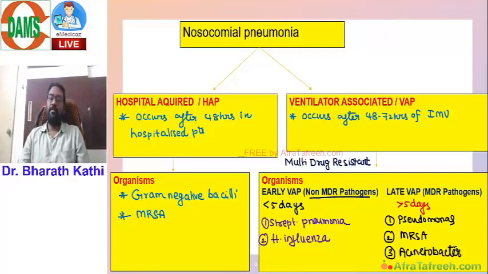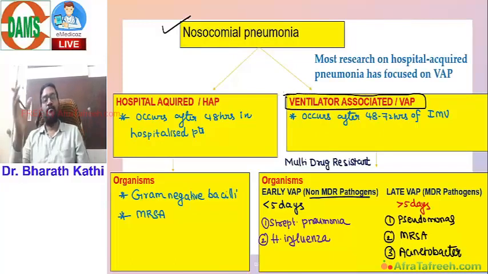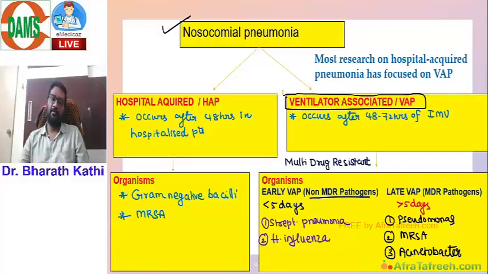Whenever they say nosocomial pneumonia, most probably they will be referring to ventilator-associated pneumonia only. Because if there are 100 studies on pneumonia in the hospitals, 70% were on ventilator-associated pneumonia, which is hot and happening.